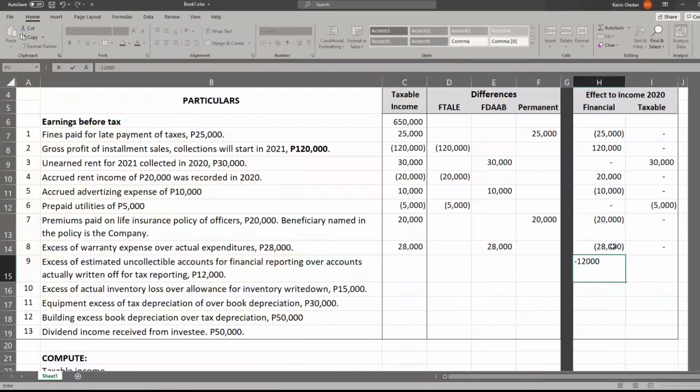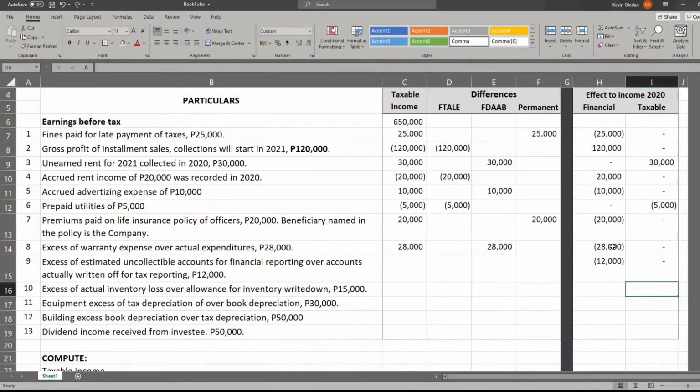So ang nangyari po, meron kang na-deduct na sobra ng 12,000 sa financial accounting mo. Whereas for taxable, you only have an amount lower by 12,000. So again, as a matter of assumption, siguro sa financial accounting, 112,000.